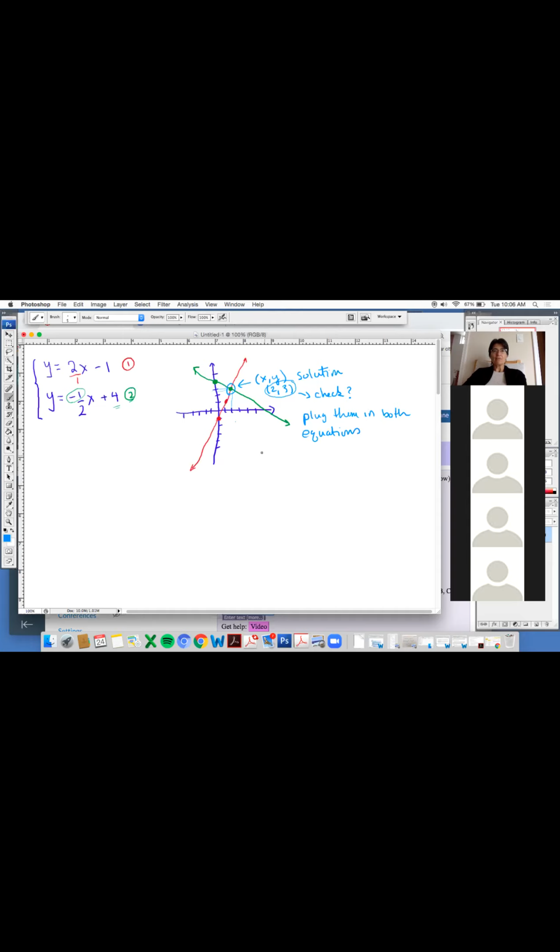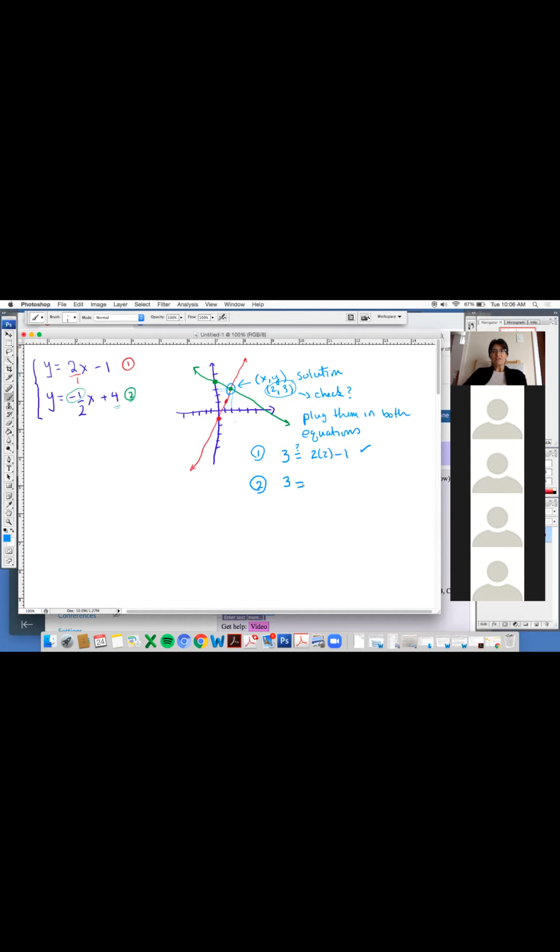All right, so let's plug them into equation 1. So that means I'm checking, is 3 equal to 2 times 2 minus 1? And you go, yep, it is, because 4 minus 1 equals 3. So it works in the first equation. And we're going to plug them into the second equation.